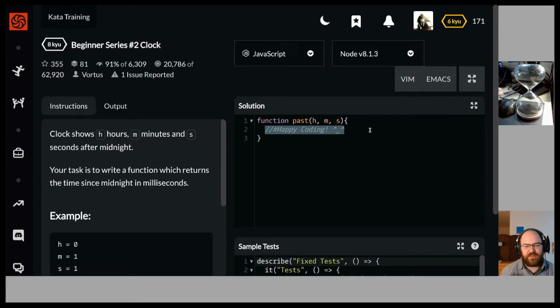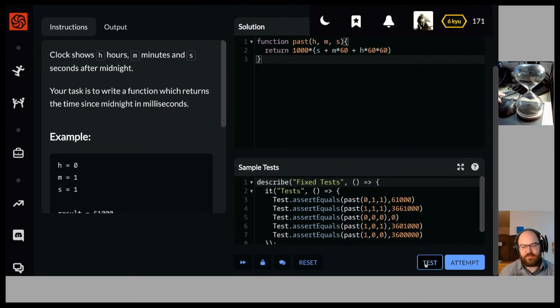Oh, happy coding, smiley face. I like that. This feels like time to go for a one-line solution. So I want 1000, because we're talking milliseconds, times seconds, plus minutes times 60, plus hours times 60 times 60.